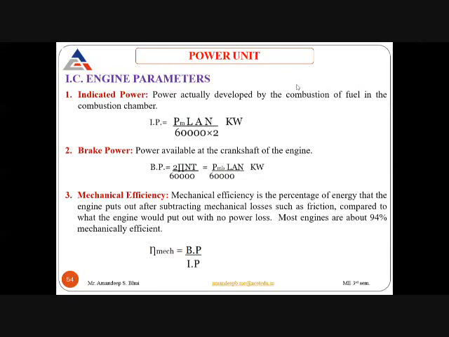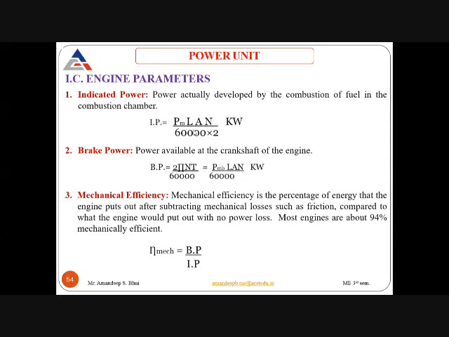The actual power that is generated inside the combustion chamber is known as the indicated power, and it is given by the formula PM into L into A into N, divided by 60,000 into 2, where PM is the mean effective pressure, L is the stroke length, A is the cross sectional area, and N is the RPM.